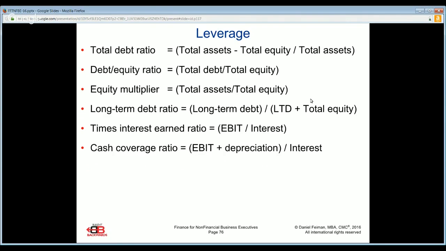So that's all this is. What do we have in the way of assets? What do we have in the way of equity? The difference must be our debts. Our total liabilities, total debts, divided by our total assets will give us our debt ratio.